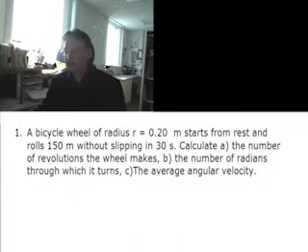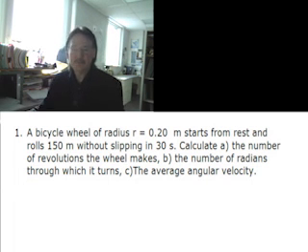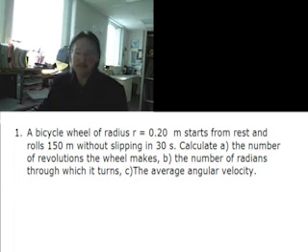Okay, let's take a look at another problem then. Oops, too far? There it is, okay. A bicycle wheel starts from rest and rolls 150 meters without slipping.